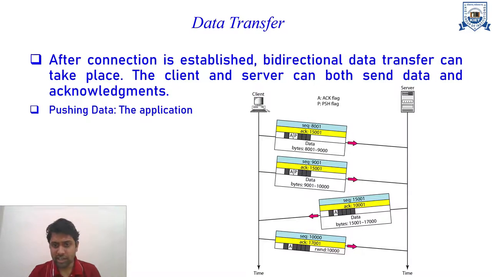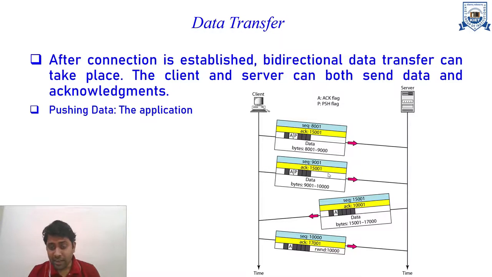Now you can see again both control fields A and P are set as 1, and the data contains 9001 to 10,000, so I'm sending 1000 bytes. Whenever it is received by the server, the server will respond. The acknowledgement should be the next value of the last received byte, so it should be 10,001. And you can see the acknowledgement is 10,001.